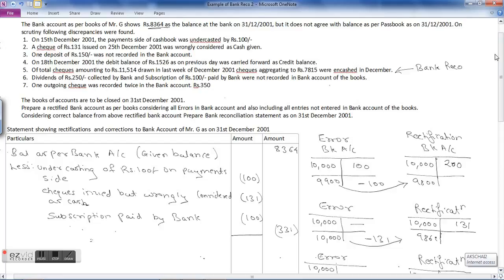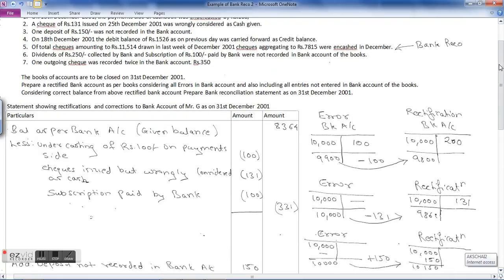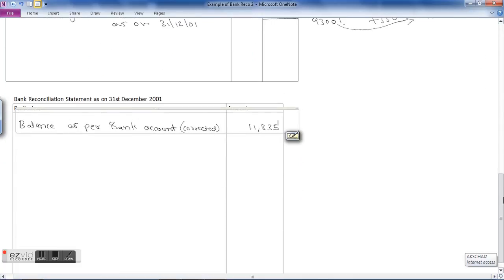So out of total checks of 11,514 that were issued, only 7,815 were encashed in the bank, that is, 7,815 are appearing in your bank statement. So we'll do a working. Now we are moving from our bank account to bank statement.